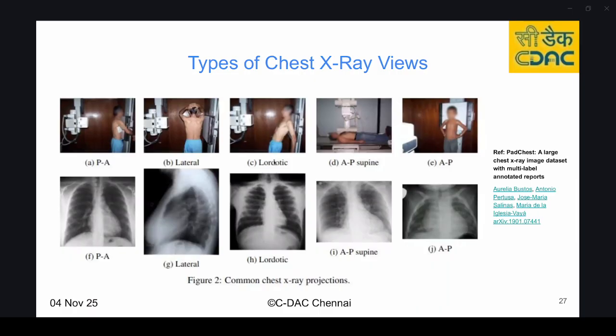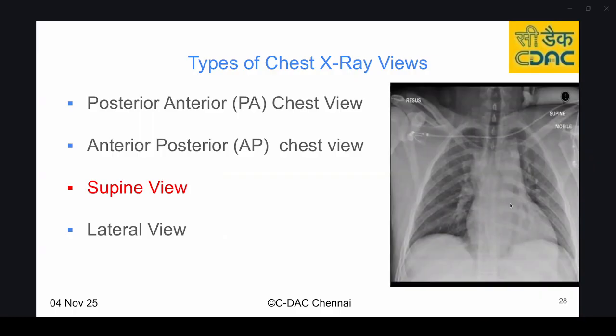And there are other positions like the lordotic X-ray position, or the AP supine X-ray position, and the anterior-posterior position of taking an X-ray image, where the X-ray beams fall on the front chest part of the patient's body. AP supine images are usually taken when the patient is in critical condition.